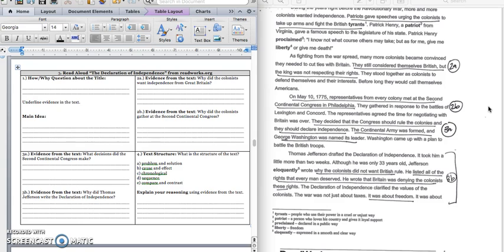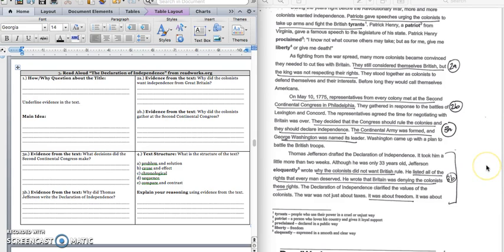The representatives agreed the time for negotiating with Britain was over. They decided that the Congress should rule the colonies and they should declare independence. The Continental Army was formed and George Washington was named its leader. Washington came up with a plan to battle the British troops.